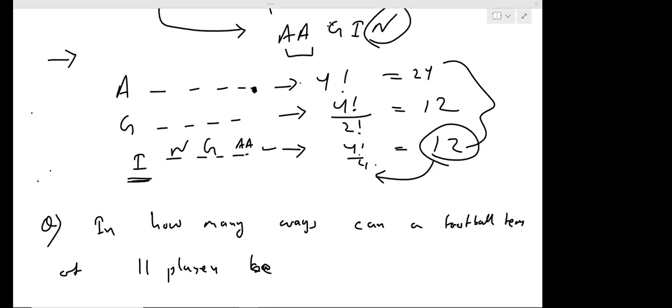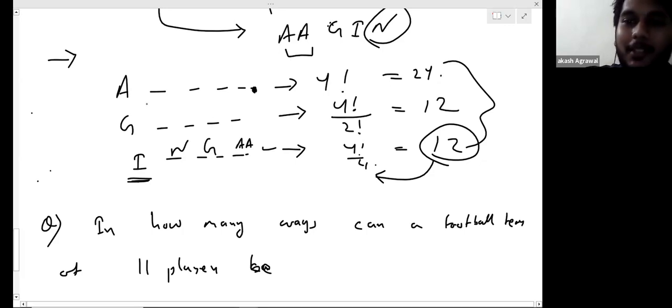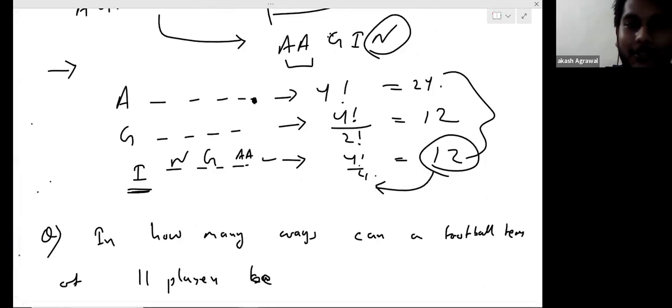So there isn't any option with INGAA. There is IGNAA. Oh, okay. Yes, my bad. I added wrong actually. Sometimes that happens. 24 plus 12 is 36 plus 12 is 48 actually. For some reason, I calculated this as 50 and none of you corrected me.